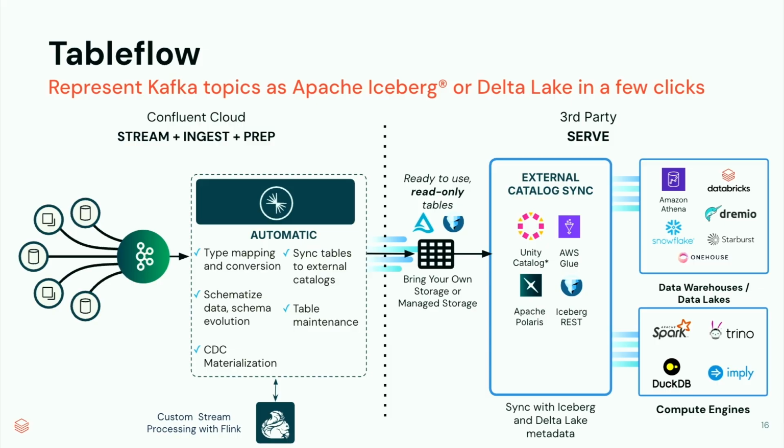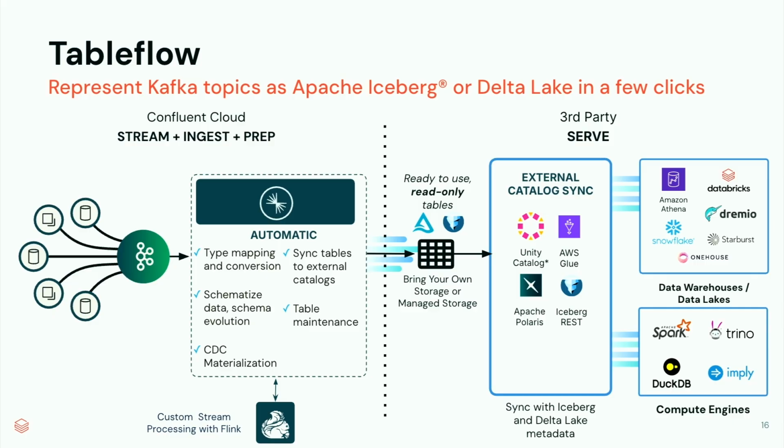With Confluent Tableflow, you can expose your Kafka topics or data streams as Apache Iceberg or Delta Lake tables, and these tables can be materialized to your own storage bucket. Within a few clicks, you expose a topic as a table, and Tableflow will take care of pretty much most of the toil of data preprocessing that we have seen in the previous diagram.